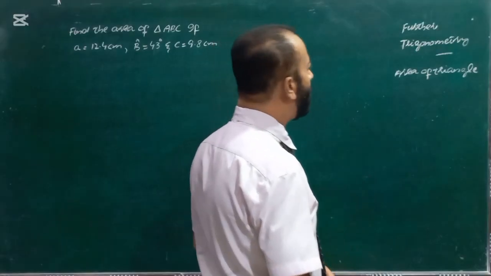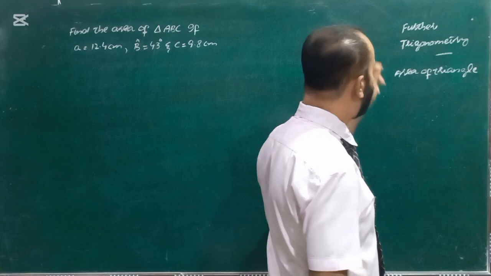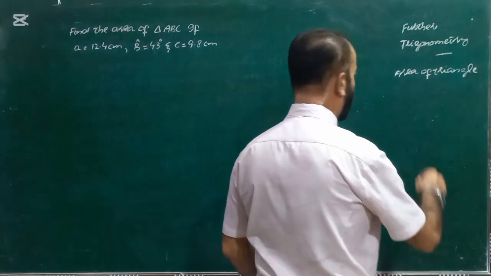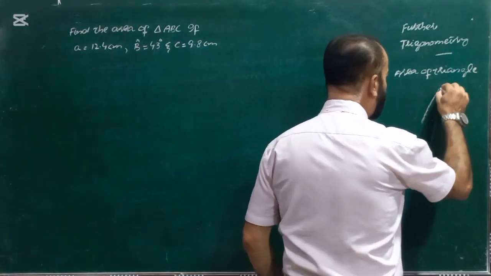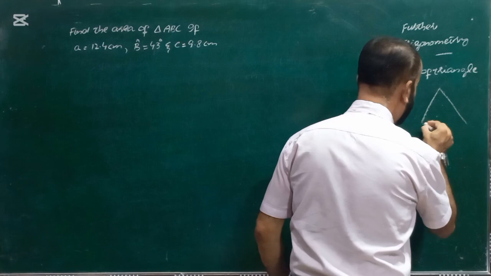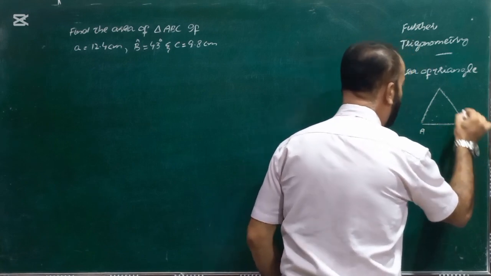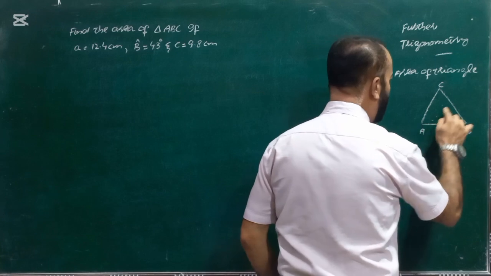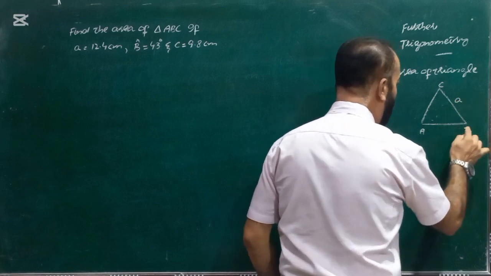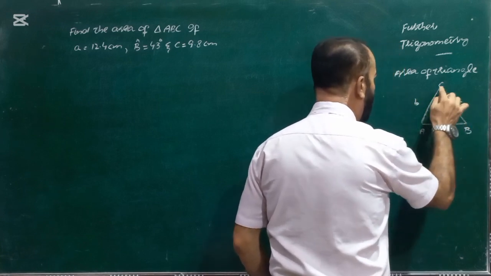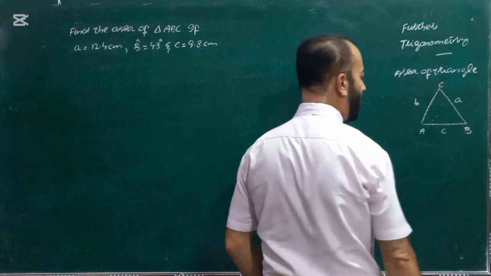The next thing that we are going to read in further trigonometry is the area of the triangle. So suppose here is a triangle, that is A, B and C. The side opposite to A will be small a, opposite to B is small b, and opposite to C is small c.